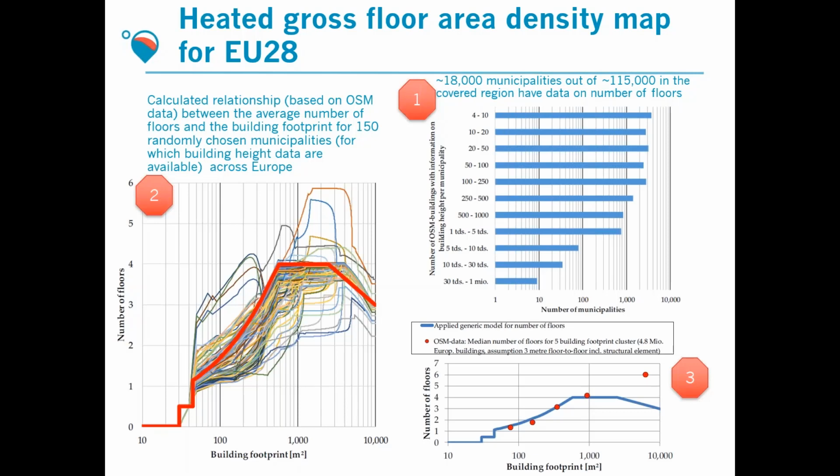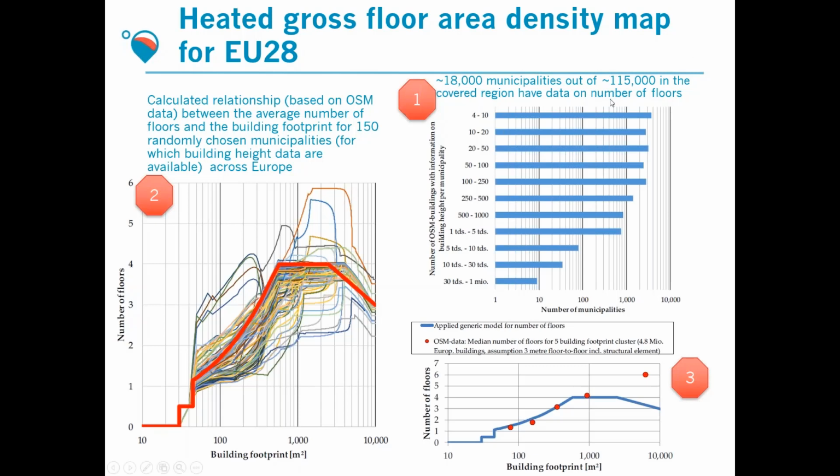What we did was, first of all, to extract all existing information, especially from OpenStreetMap. On the first picture, you see that we have listed the 18,000 municipalities for which we will find information on the number of floors from OpenStreetMap.